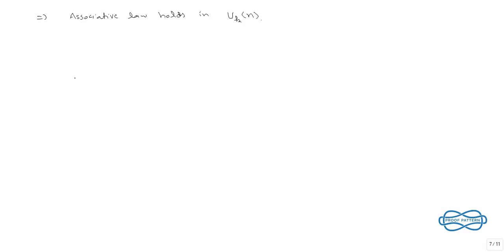Now the only axiom which is remaining is the inverse. So let a belong to U_k(n). We have to show that a inverse also belongs to U_k(n).